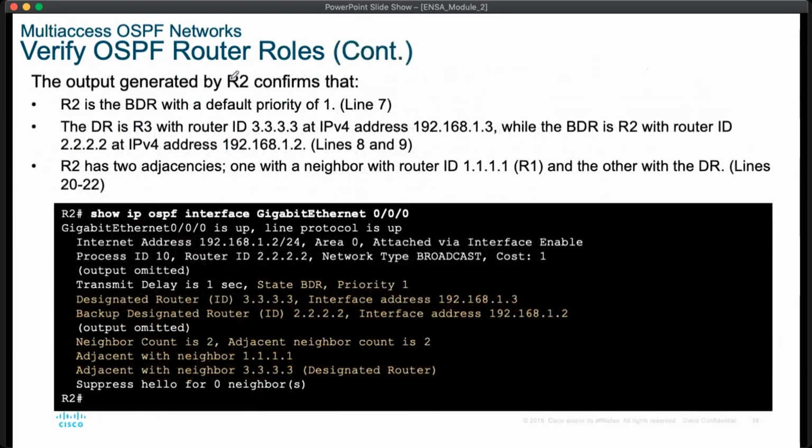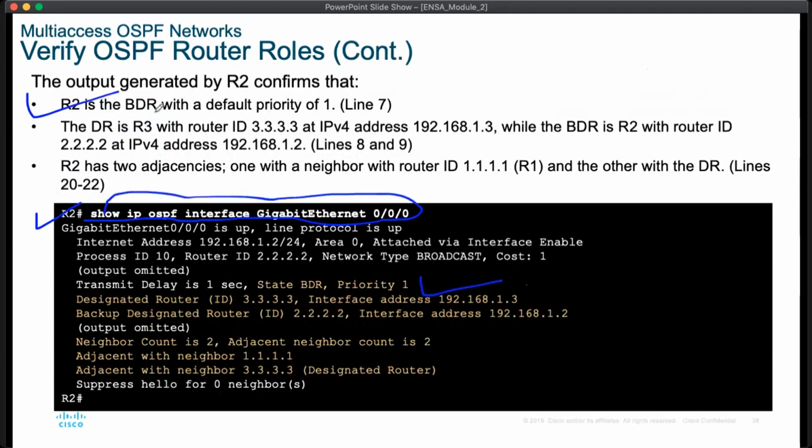The output generated by R2 confirms, when we run the show ip ospf interface command on interface GigabitEthernet 0/0/0, that R2 is the BDR, line 7, with priority 1.